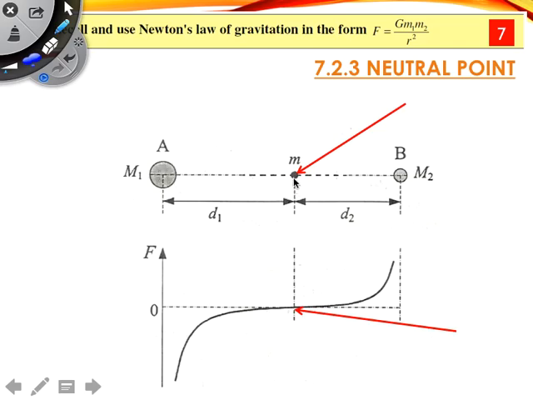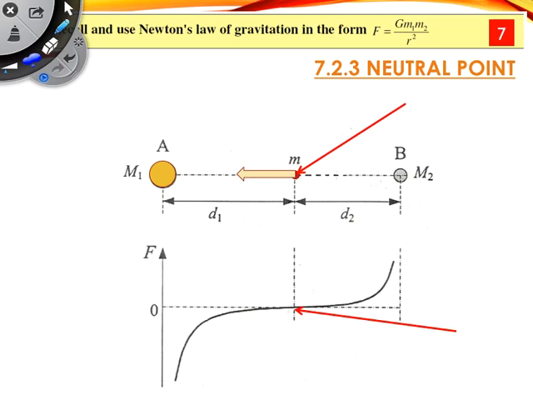What's the direction of the force acting on small m due to A? Left or right? How would A act on this small m? Attract or repel? Attract. So attracting must always be towards the left. So this small mass here, I have a force pointing towards the left.